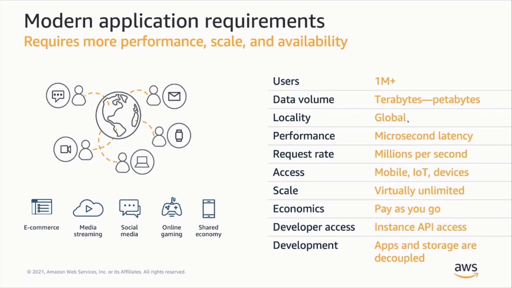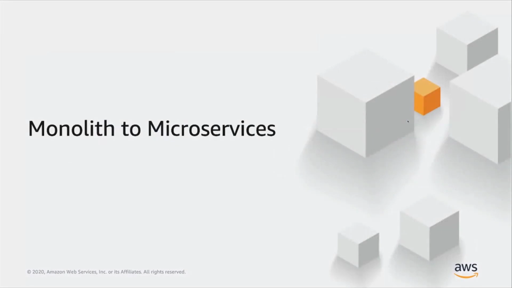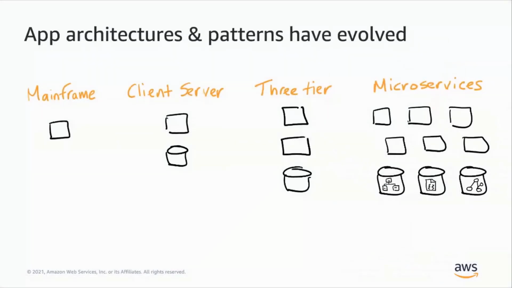Let's look at how applications were traditionally built, and more specifically, let's make a case for migrating from monolithic applications to microservice architecture. To begin with, back in the 60s and 70s, mainframes were the predominant way to build applications.